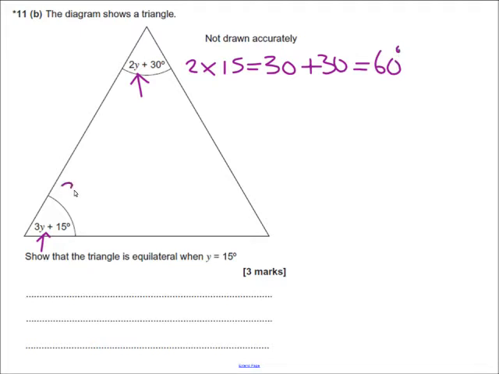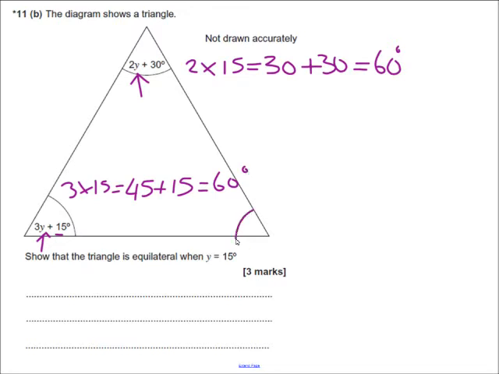For the second expression, 3 times 15 gives us 45 degrees, plus the 15 degrees on the second half of the expression gives us 60 degrees.